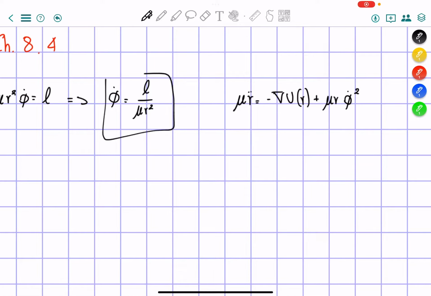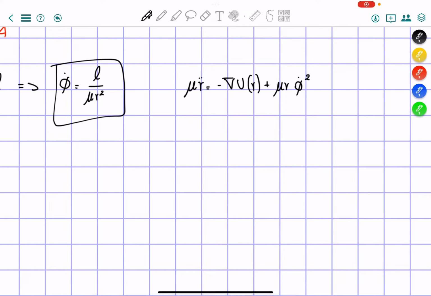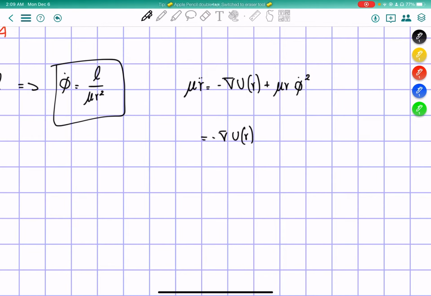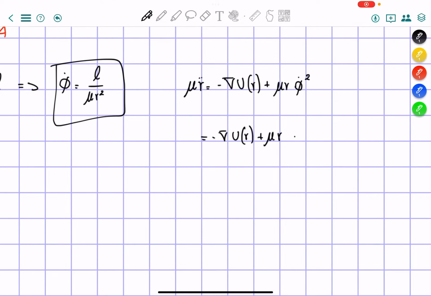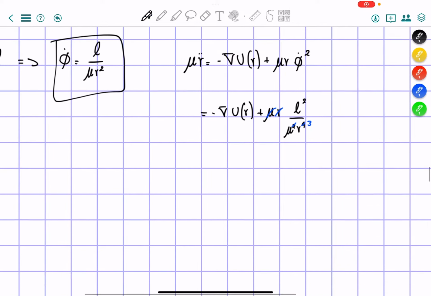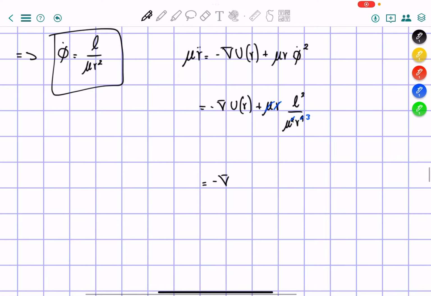We can substitute this in here, so it equals negative the derivative of u with respect to r plus mu r times phi dot squared, which is L squared over mu squared r to the power of 4. Simplifying this, we get negative derivative of u with respect to r plus L squared over mu r cubed.